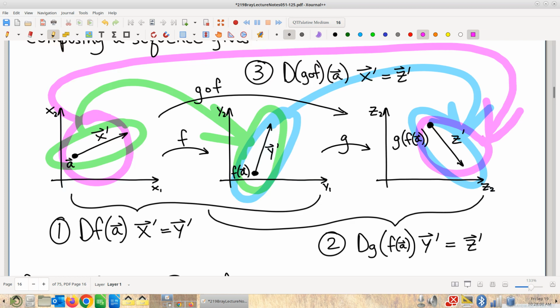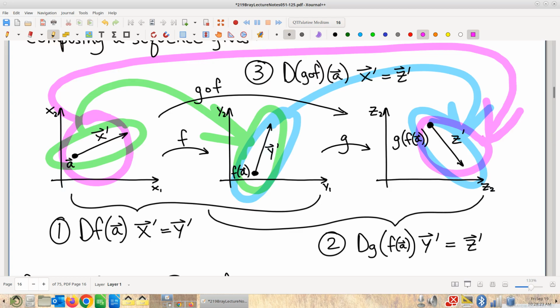If you start with this x prime velocity, just think about this velocity here, and I want to ask, how do I get the z prime velocity? Well, I multiply by the green derivative factor, and then subsequently I multiply that by the blue derivative factor. Altogether, I have multiplied by the product of those two factors.